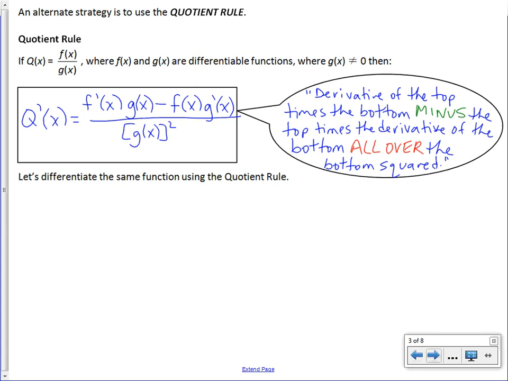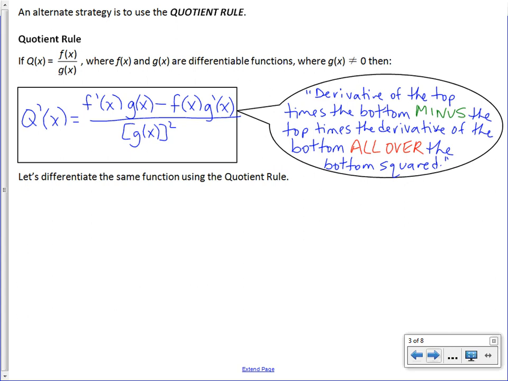Okay. So you might be going, ew, gross formula. I'm never gonna use this. But as long as you remember it correctly, the nice thing about it is that you don't have to worry about any negative exponents. Okay?